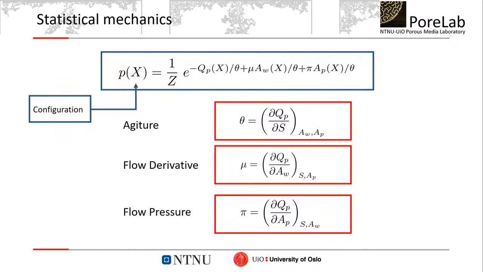new variables appearing, namely theta, which looks like a temperature. So we called it agitation temperature, or agitator for short. It's a non-thermal temperature. We didn't want to use the word temperature because then people think it's a thermal temperature, but it's not. Then you have this mu here, which acts as a chemical potential.